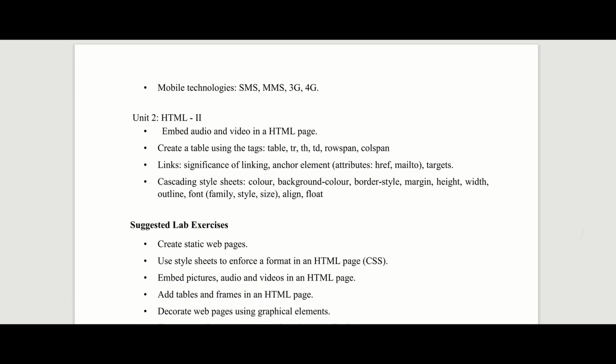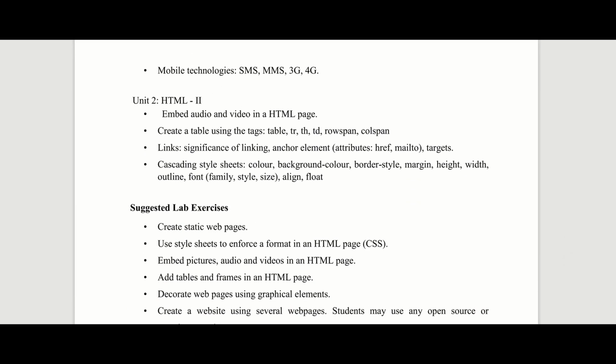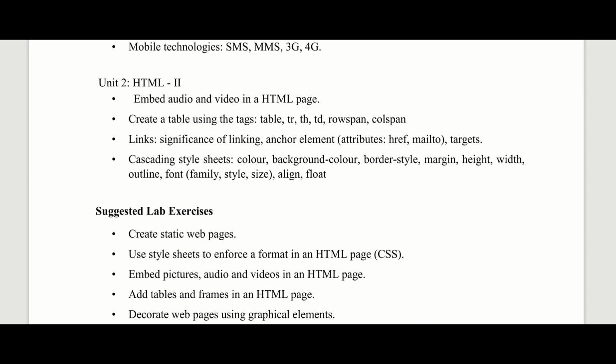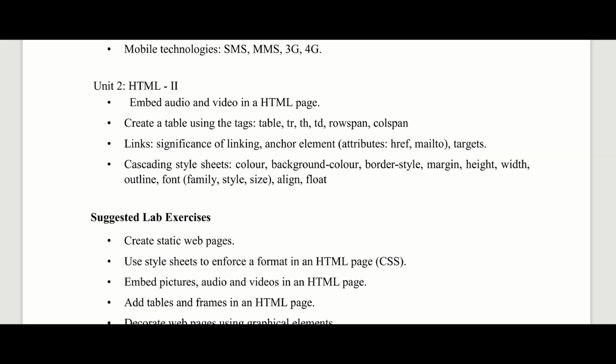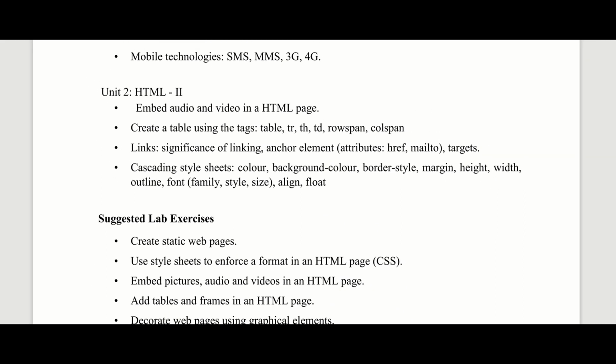Next is unit 2, which contains HTML, where you have embedding audio and video in an HTML page, and creating a table using the table tags tr, th, td, rowspan, colspan, etc. Then we have links, where you have the significance of linking, the anchor element and its attributes and target.